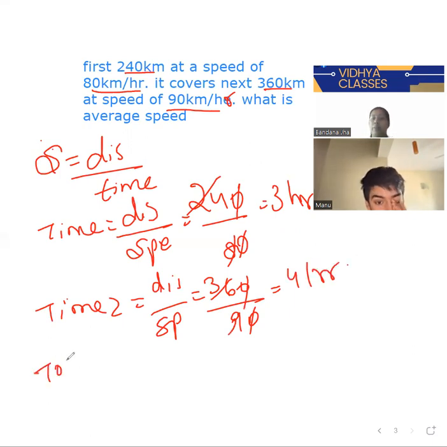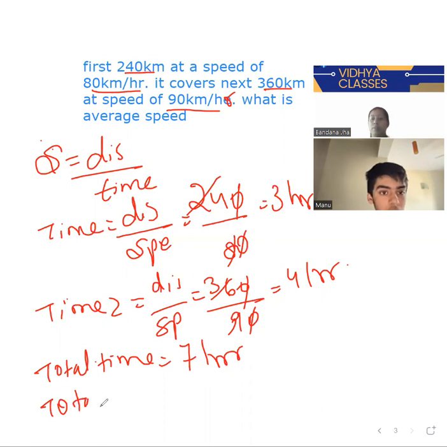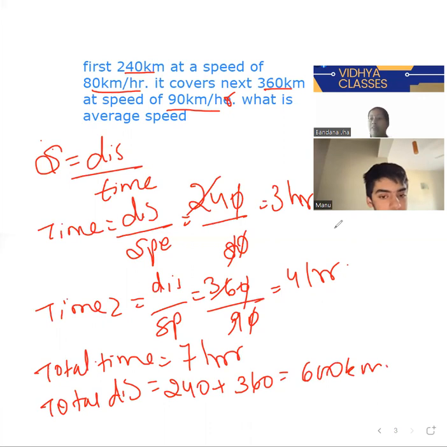So total time is equal to how much? 3 plus 4, 7 hours. Very good. Total distance is how much? 240 plus 360. This is equal to 600 kilometers. So average speed will be 600 divided by 7.